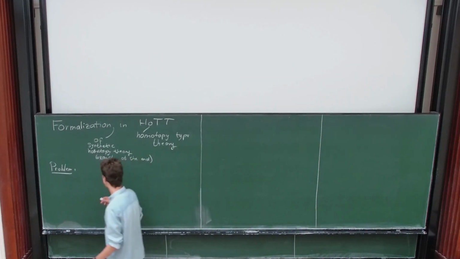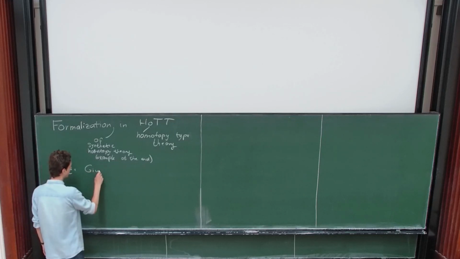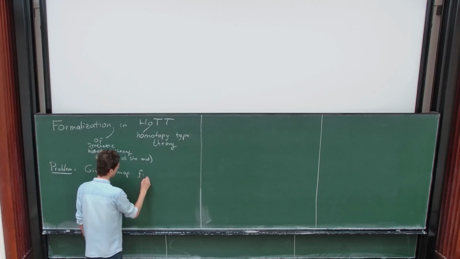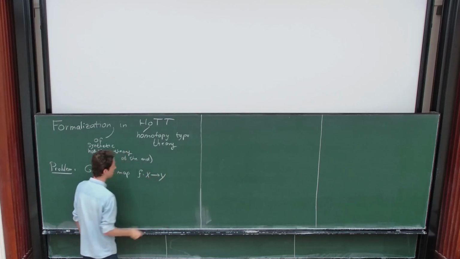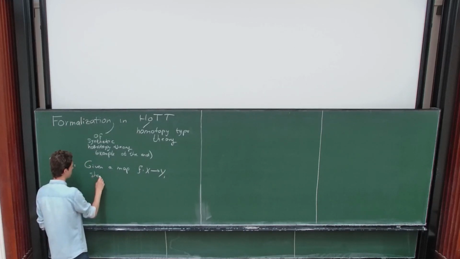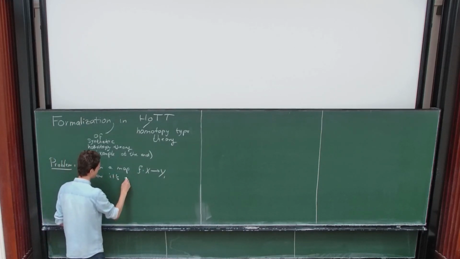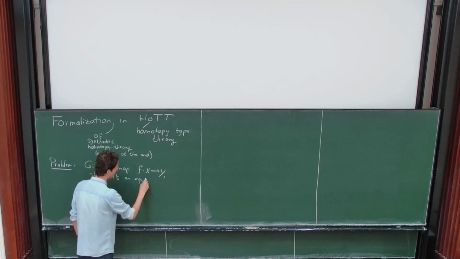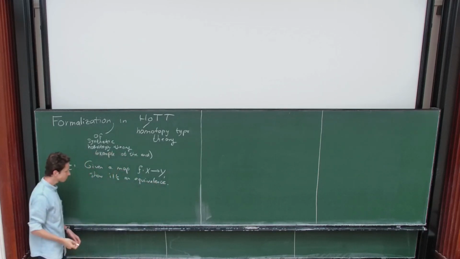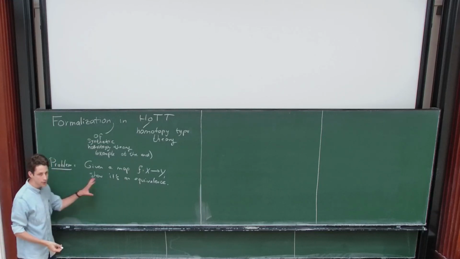Okay, so the problem is you're given a map, let's say F, from X to Y, and show it's an equivalence. This is extremely common.